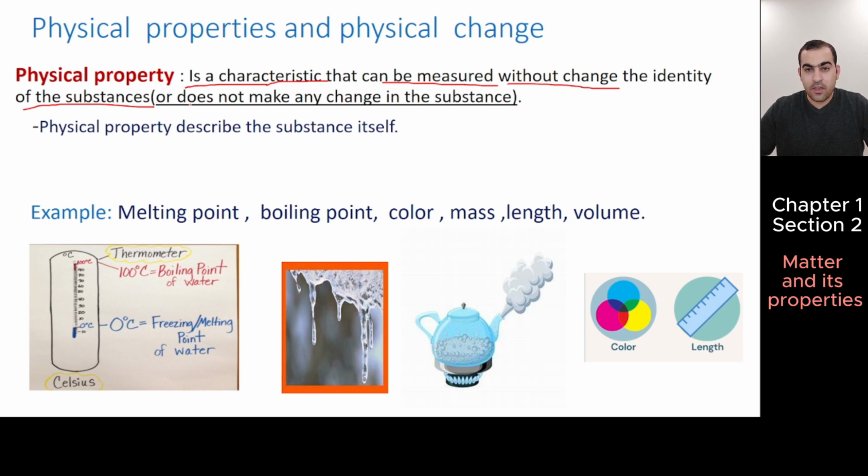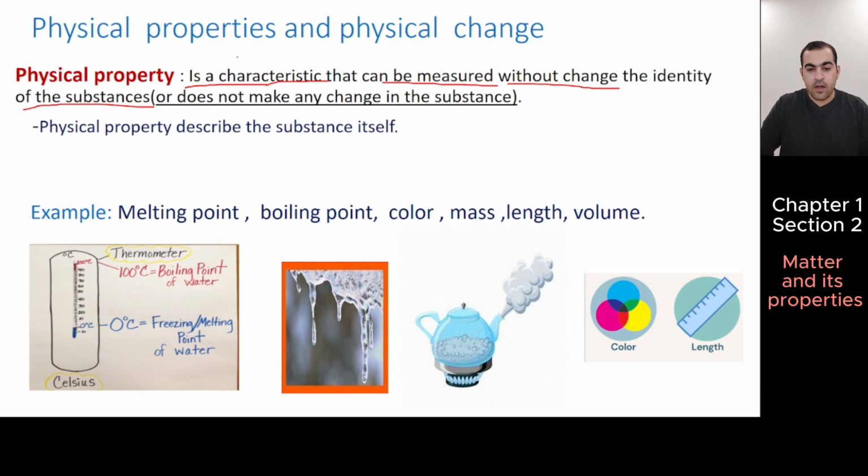No. The length, you can measure the length of your room without the room changing. Nothing happens to your room. Volume, mass, you can measure the mass of something, but no change happens, the substance doesn't need to be changed.